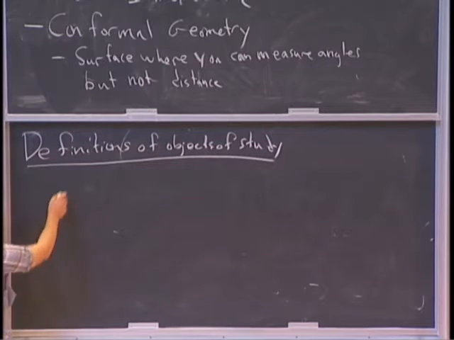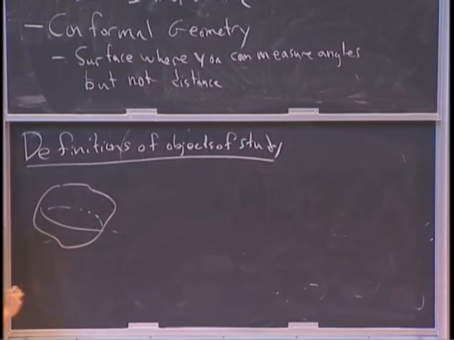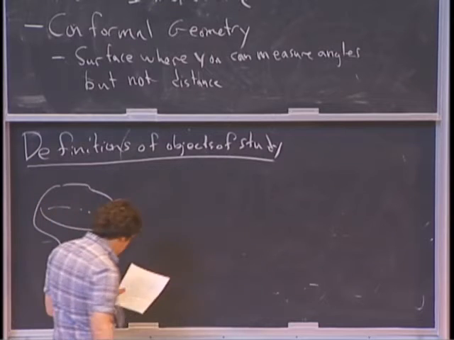I'll just draw a picture. That should be a surface. The idea is we want to abstract away all the irrelevant information and focus just on what, for us, is the important thing about being a surface. And that turns out to be the notion of how to talk about smoothness. So that's what we're going to do.